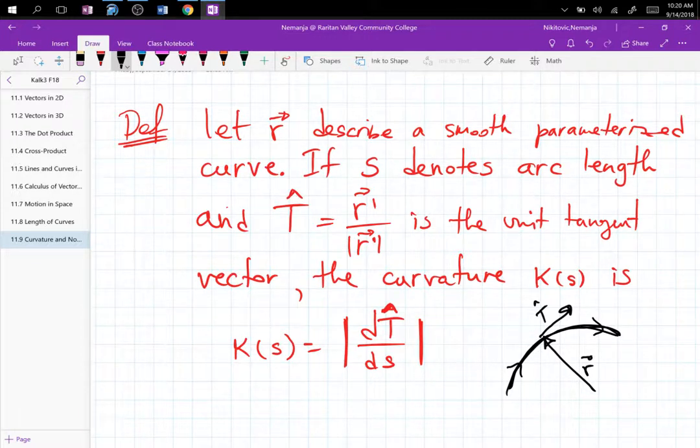So now we are going to have a theorem which will tell us which way we are going to calculate the curvature.